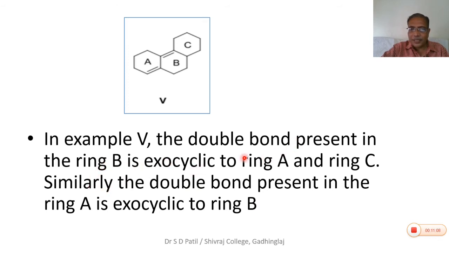The double bond present in ring B is exocyclic to ring A, and it is also exocyclic to ring C. Similarly, the double bond present in ring A is exocyclic to ring B.